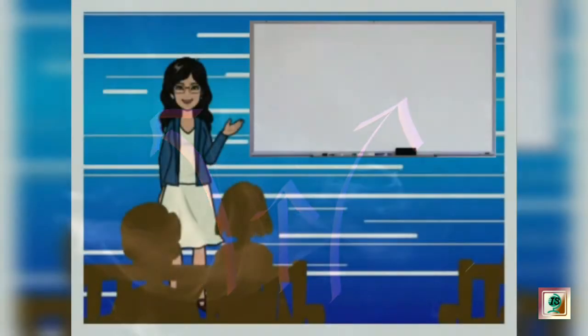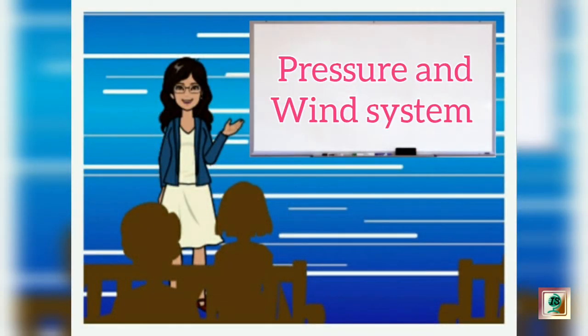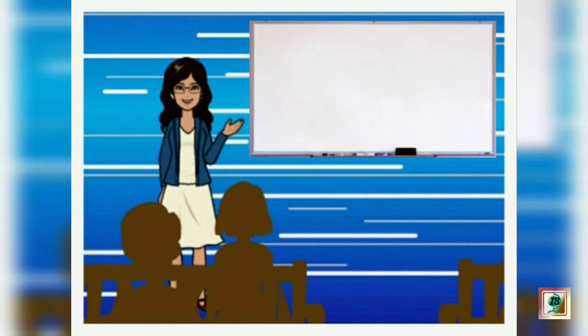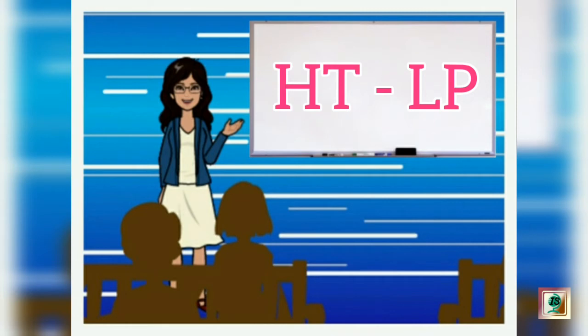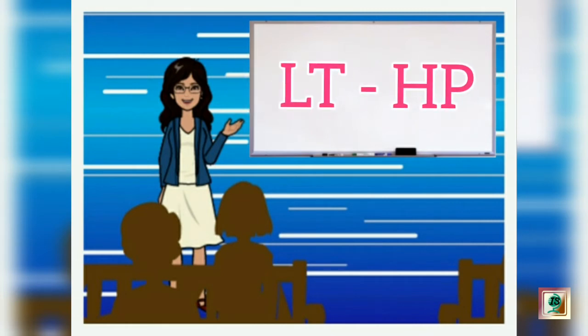Now come to the third one, that is pressure and wind system. To understand it better, I would like you to learn one important relation between temperature and pressure. That high temperature creates low pressure, whereas low temperature creates high pressure.